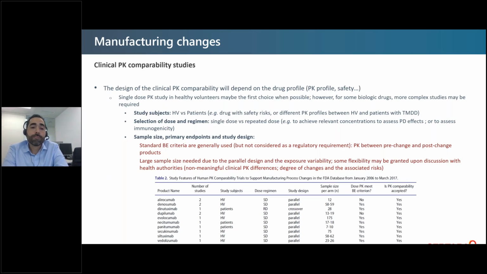feasible in this case. In terms of sample size and the study design, generally we use standard bioequivalence criteria to evaluate the difference between pre-change and post-change in terms of manufacturing change process. However, these bioequivalence criteria are not a regulatory requirement.